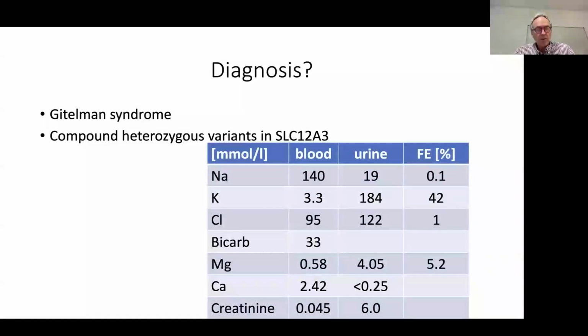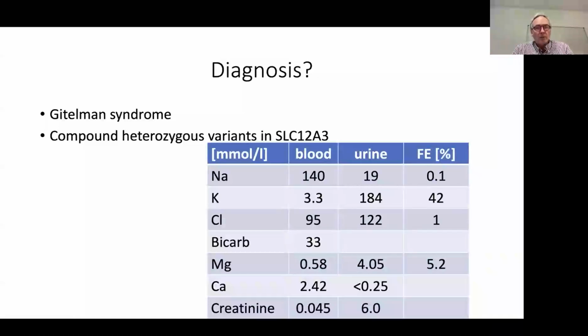And just a quick delve into his electrolytes. Look at his fractional excretion of sodium. This is a salt-wasting tubulopathy, and yet his fractional excretion of sodium is 0.1%. And the reason for that is sodium is what our kidneys use to maintain volume homeostasis.